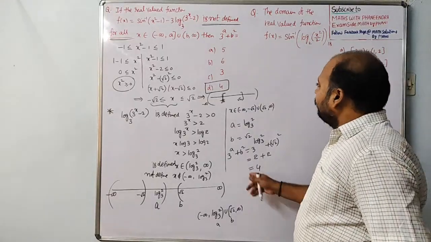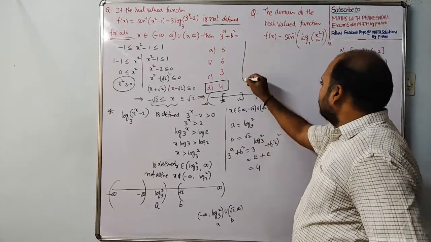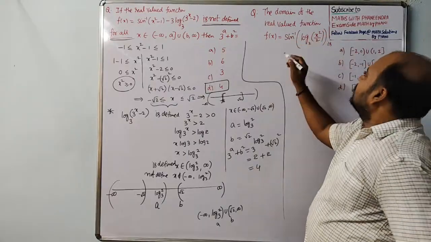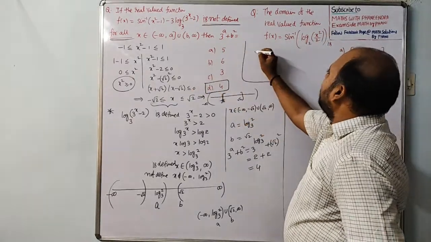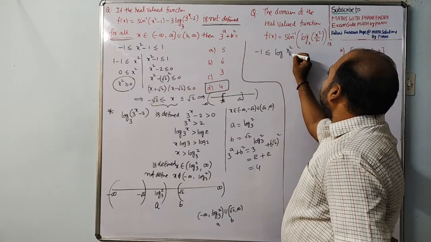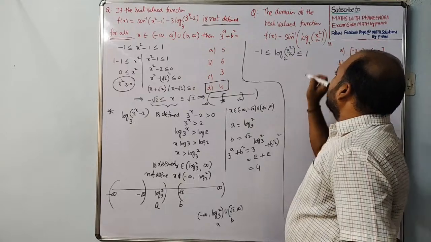Next, we got this one completed. Now come to this question. Sine inverse of this one. So sine inverse lies between the same now. Minus 1 is less than or equal to log x square by 2 to the base 2 is less than or equal to 1.